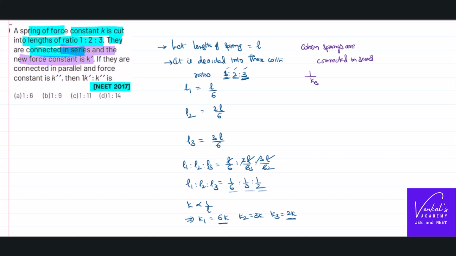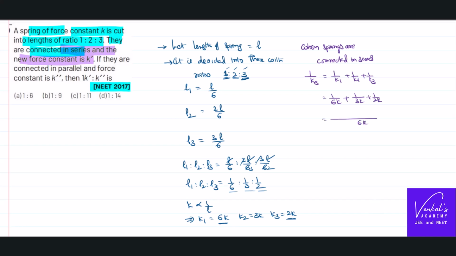Basing on that, we have derived 1 by K series equals 1 by K1 plus 1 by K2 plus 1 by K3. That is equal to 1 by 6K plus 1 by 3K plus 1 by 2K.